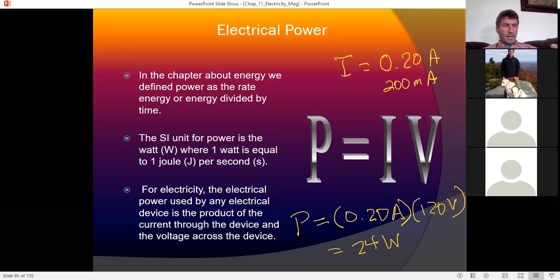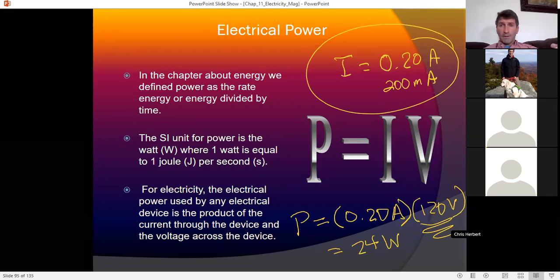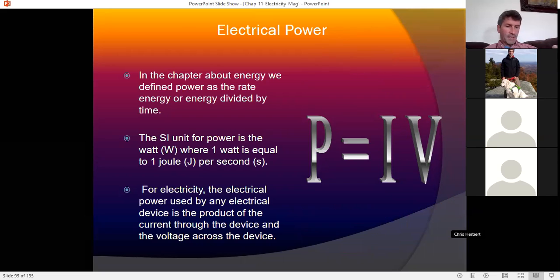So larger appliances tend to draw more current for the same voltage. For instance, let's say I have a 1200 watt microwave. That's going to draw a much bigger current, maybe like 10 amps, okay?